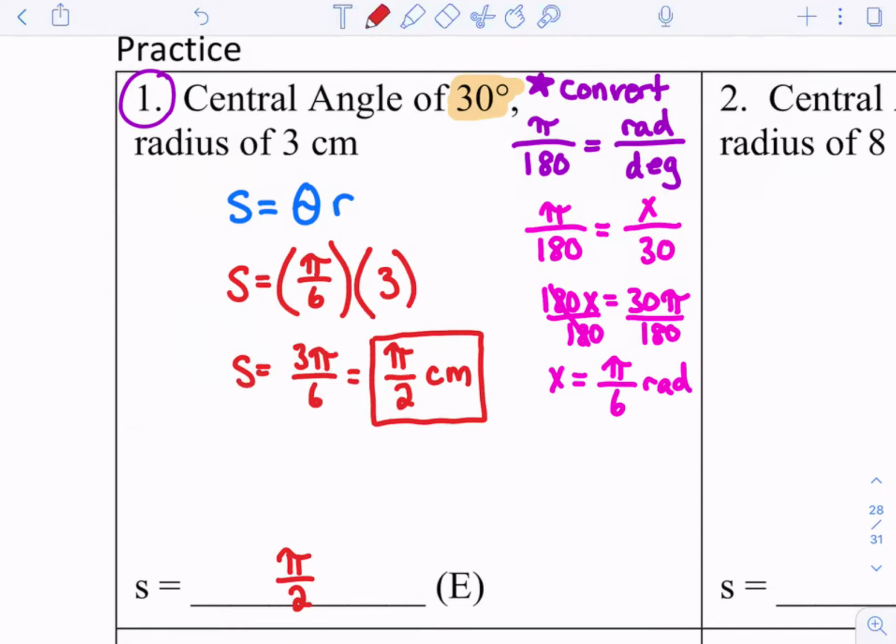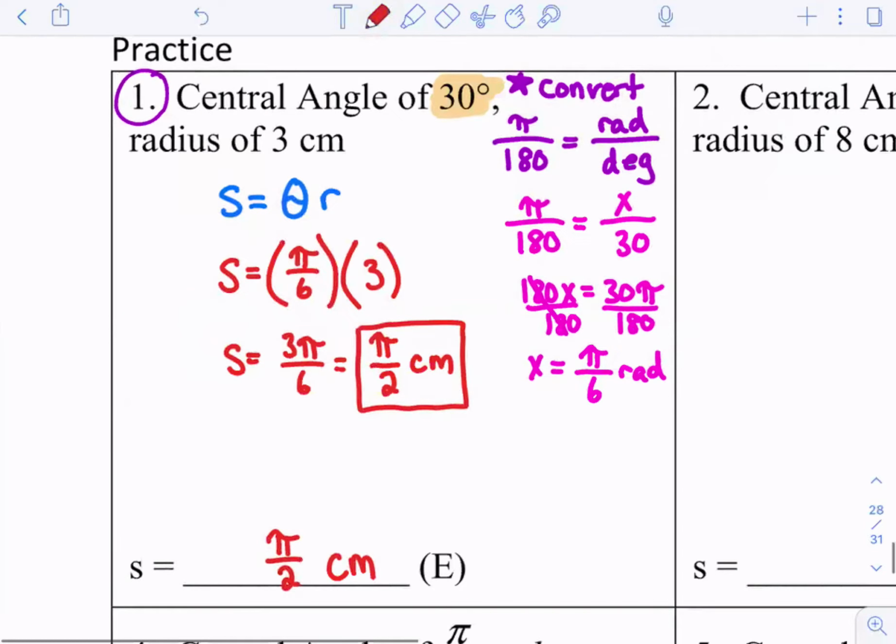Pi over 2. And you can always check your work. There are 2 ways you could check your work. You could tell yourself that 30 degrees is approximately how much of a radian. Does anyone remember how many degrees is about 1 radian? If you remember, 1 radian was about 60 degrees.